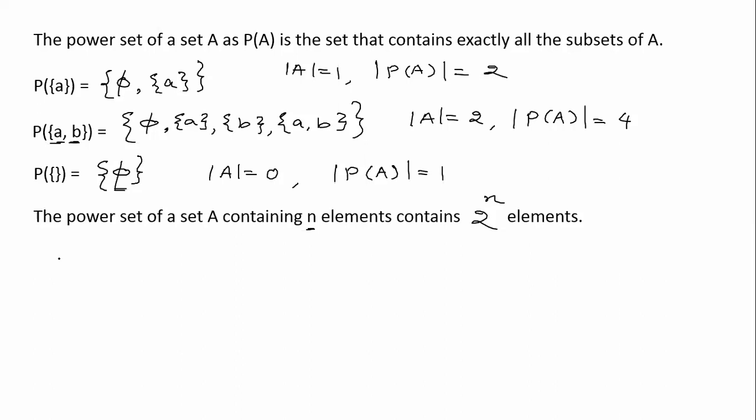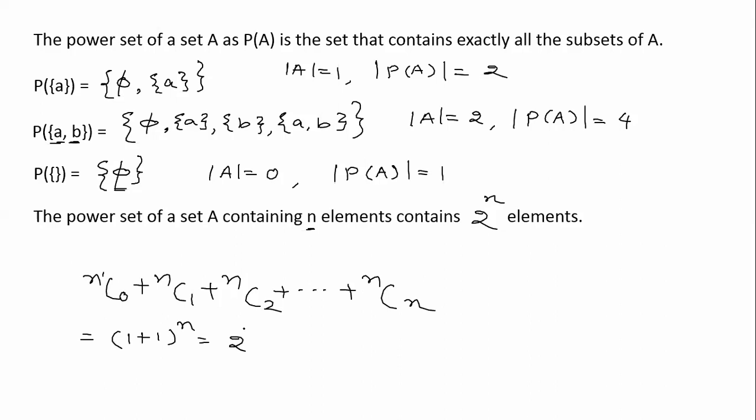There will be nCn different subsets which will be containing all the n elements, and the addition of all these, that is nC0 plus nC1 plus nC2 and so on, we know these are the terms in the binomial expansion of (1 plus 1) to the power n, that is equal to 2 to the power n. Simple result.